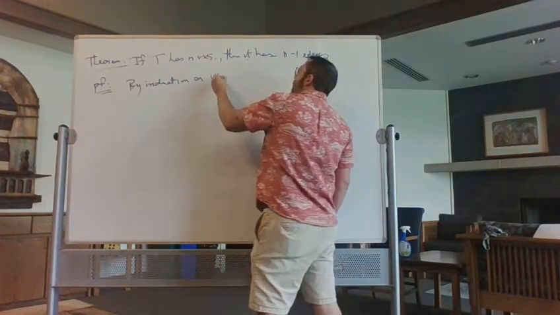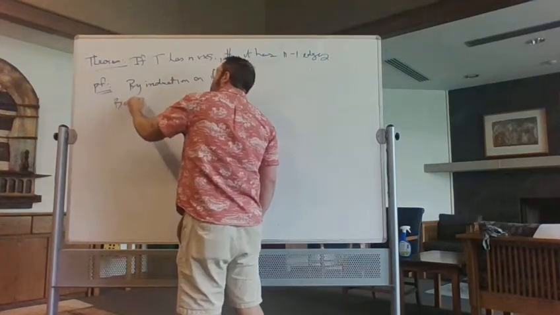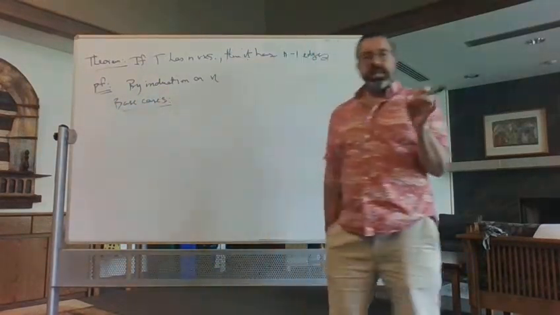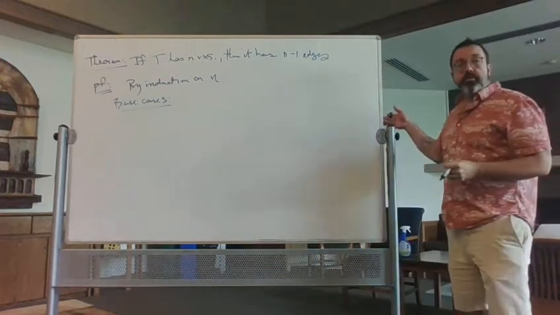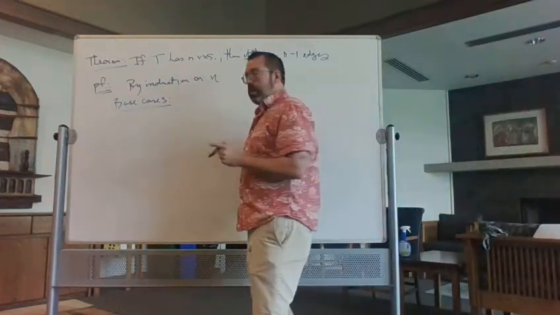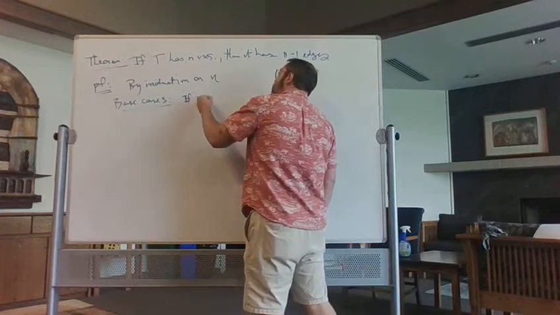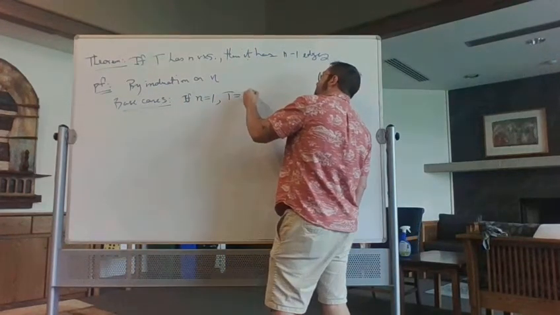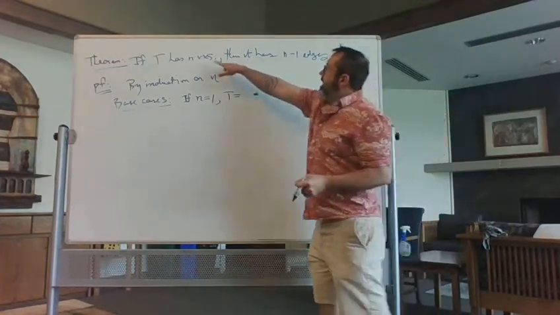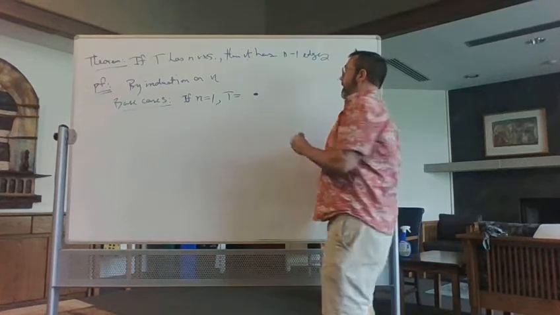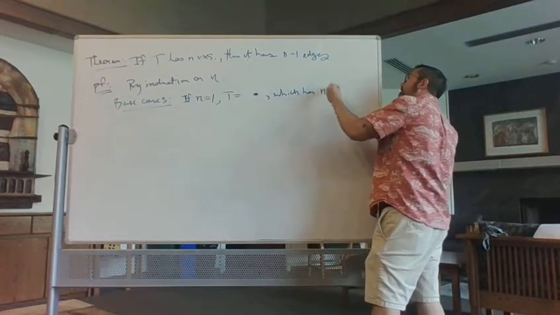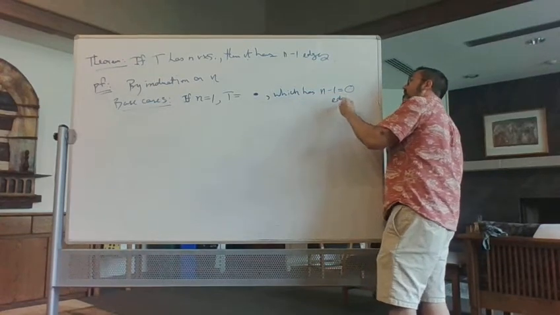on n. Let's take the base case. In fact, we'll do the base cases because we actually need to get to the point where we can use this lemma, which means we need at least 2 vertices. So the base cases are if n equals 1, then T is a single vertex, right? If T has 1 vertex, this is what it looks like, which has n minus 1 equals 0 edges.